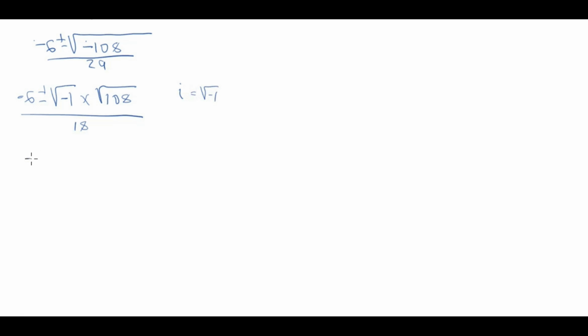So we can write it as negative 6 plus or minus i, to represent the square root of negative 1, times the square root of 108, over 18. Note that the square root of 108 is the same as the square root of 6 times 6 times 3.